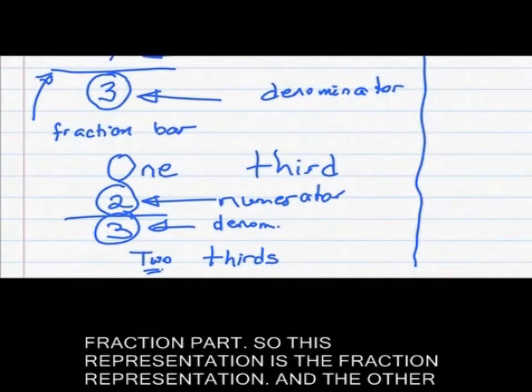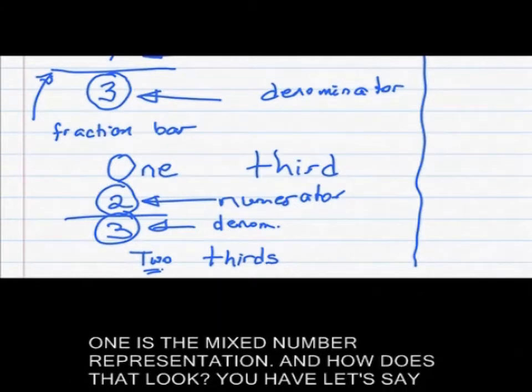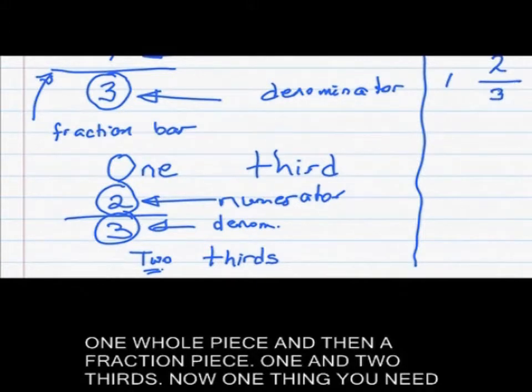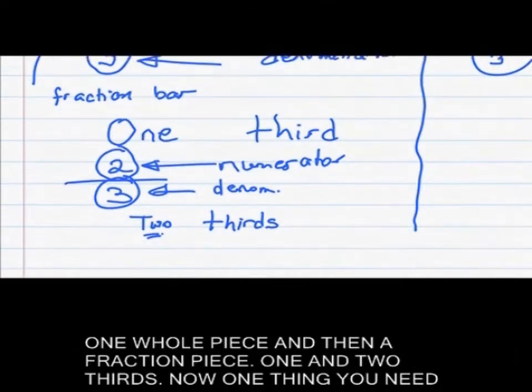So this representation is the fraction representation, and the other one is the mixed number representation. And how does that look? You have, let's say, one whole piece and then a fraction piece, 1 and 2/3.